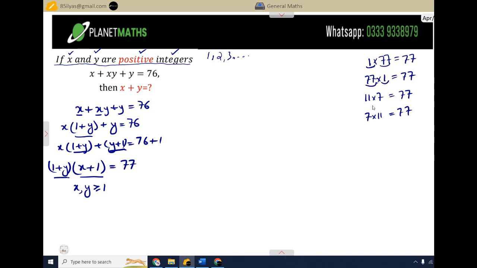Okay, now we have to take them one by one, but here is the tricky thing. These two are values of x and y.